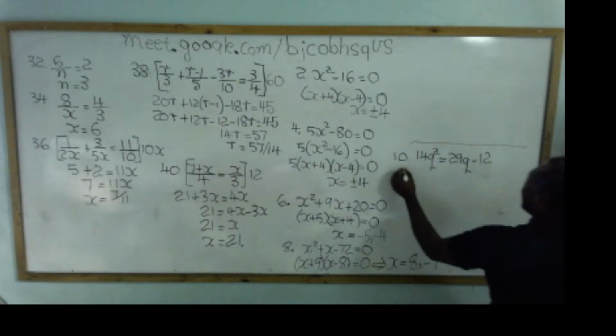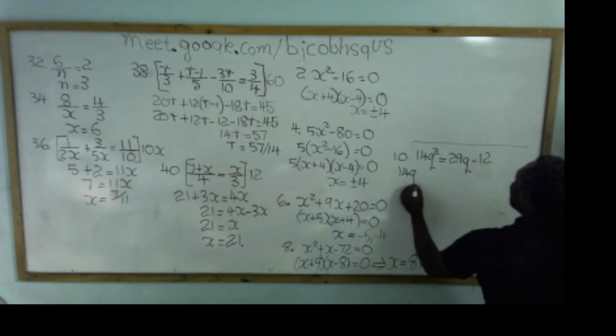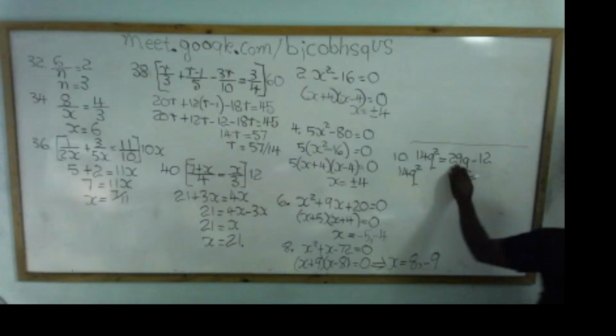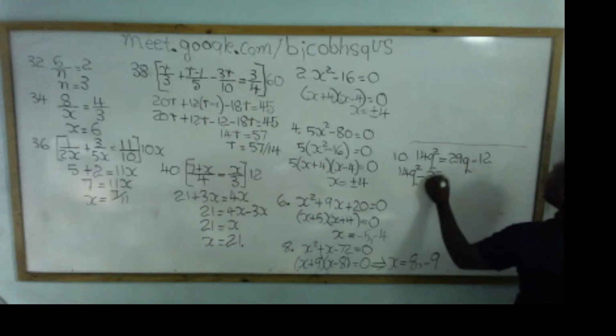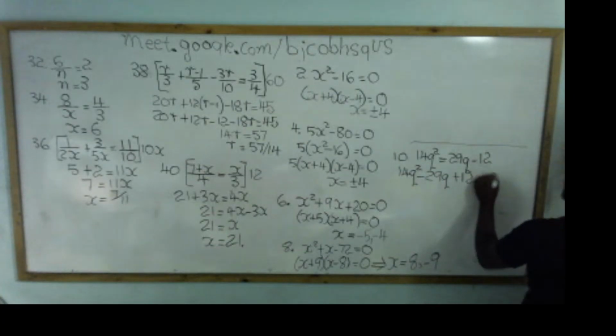So we have what? 14q squared, we are going to transpose a negative 29q, a positive 12 equals 0.